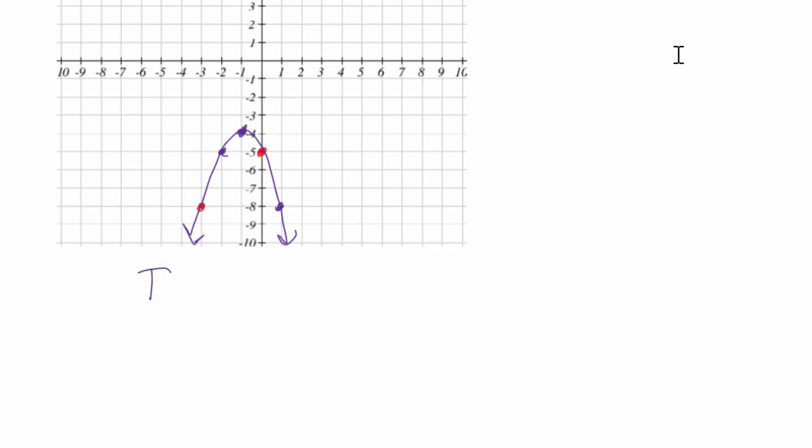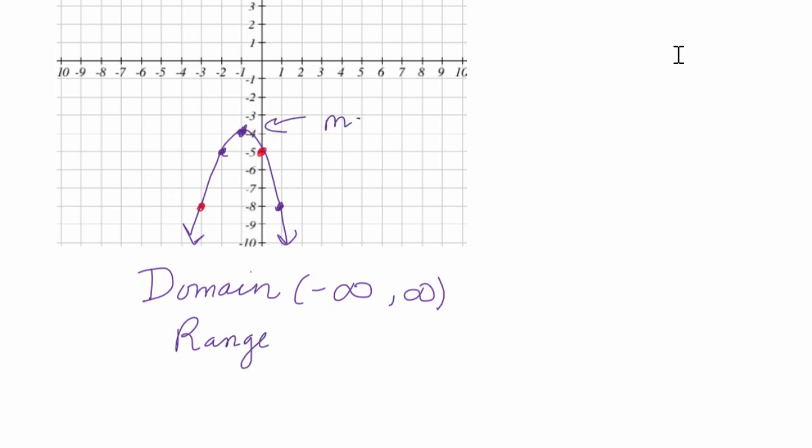So let's talk about the domain and range here. Well, domain, all real numbers. Again, right? All quadratic functions are like this. They have a domain of all real numbers, all parabolas that are functions. And then the range, well, we've got a maximum here at the vertex.